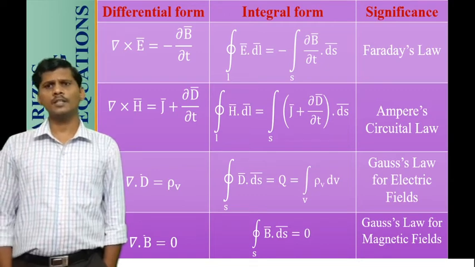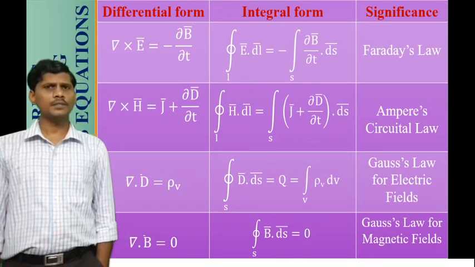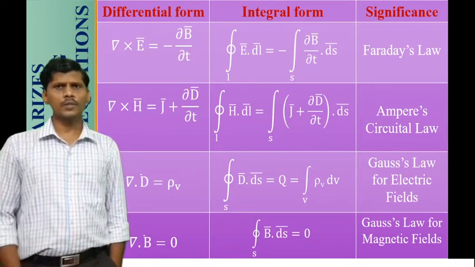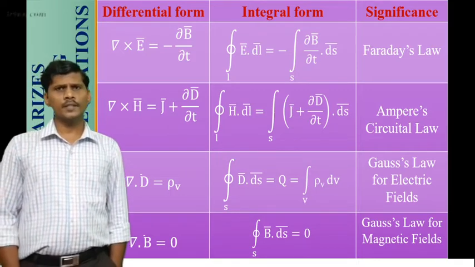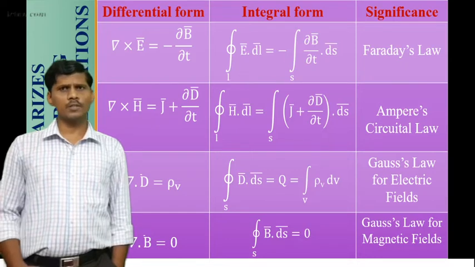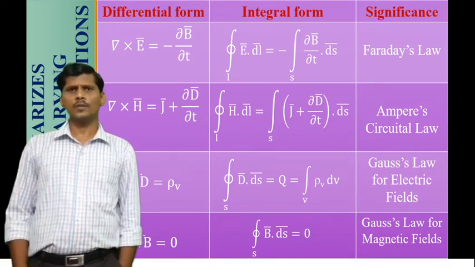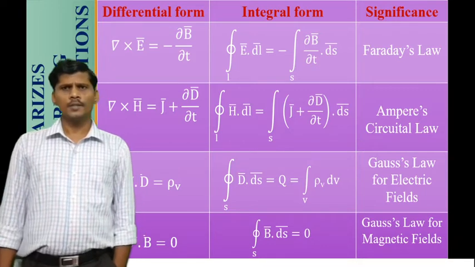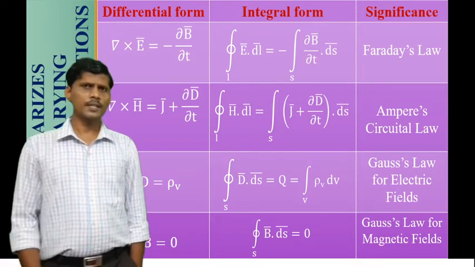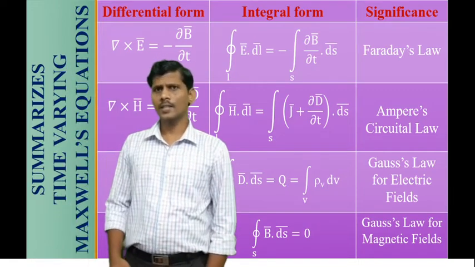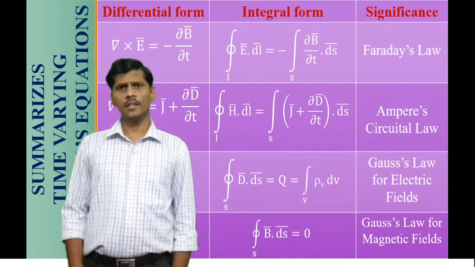These equations were already clearly derived in previous classes. The second Maxwell equation is Ampere's circuital law. The integral form: closed line integral of H bar dot dl bar is equal to open surface integral of J bar plus dou D bar by dou t dot ds bar. That is the second Maxwell equation in integral form.